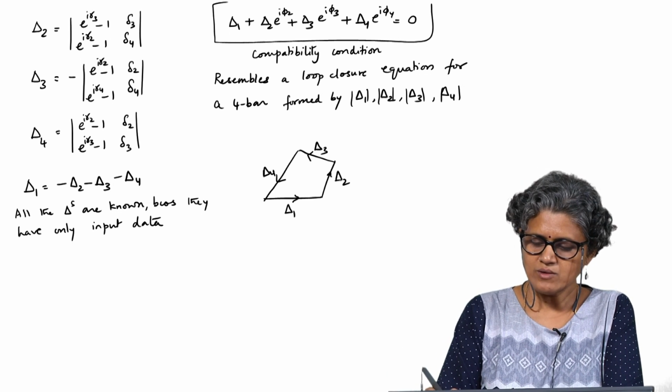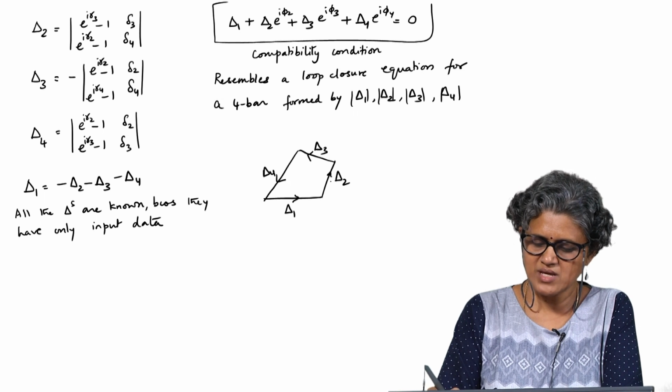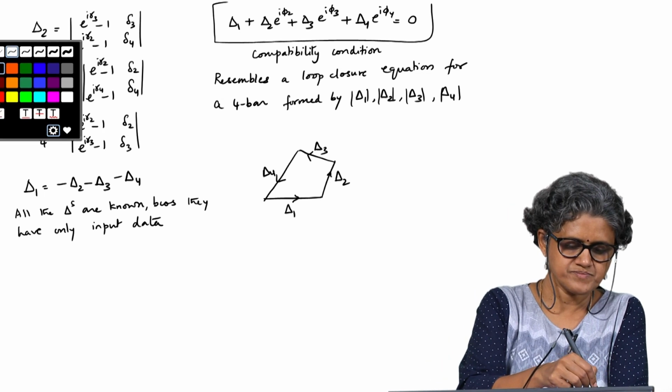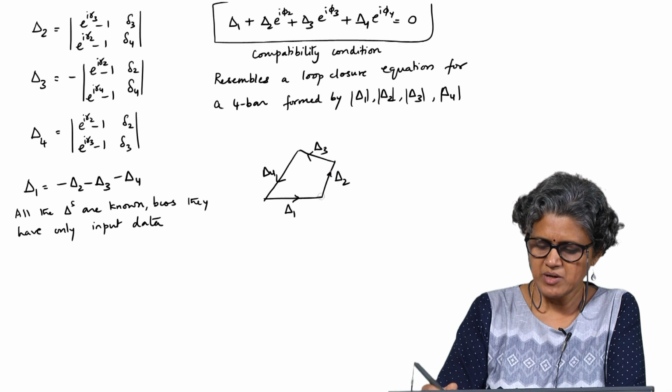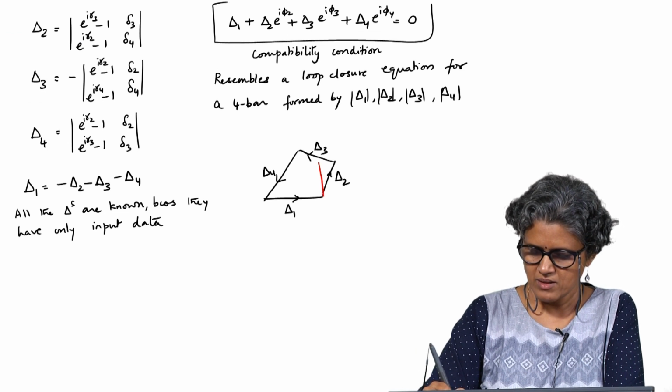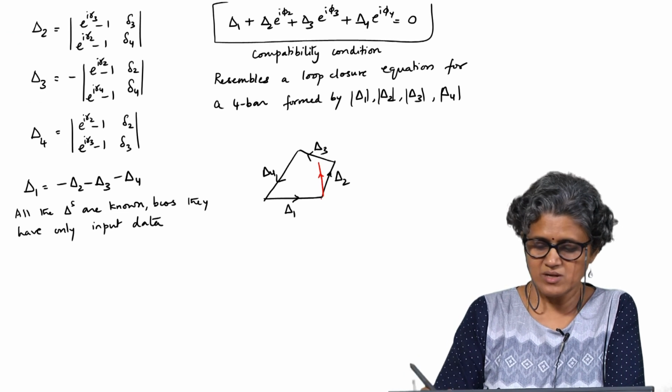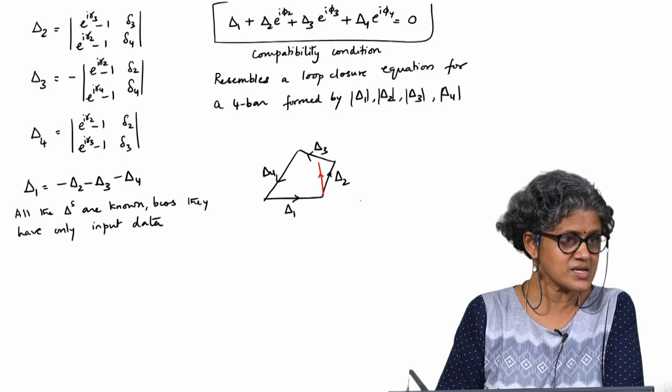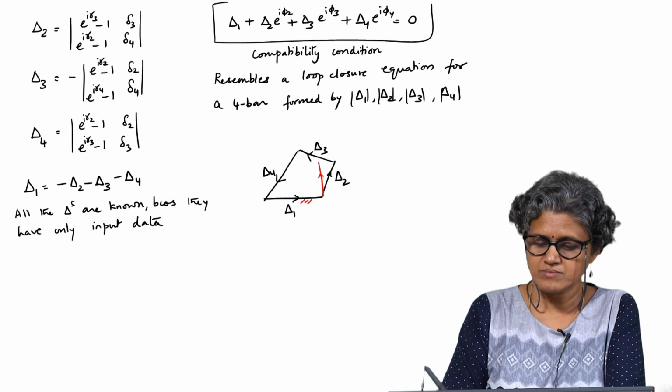Okay. Now, if this vector I rotate by some amount, then this vector becomes, delta 1 remains the same, it is the fixed link of this 4 bar.